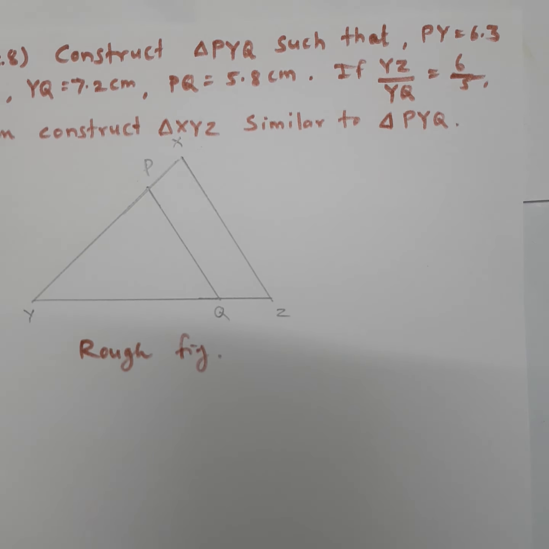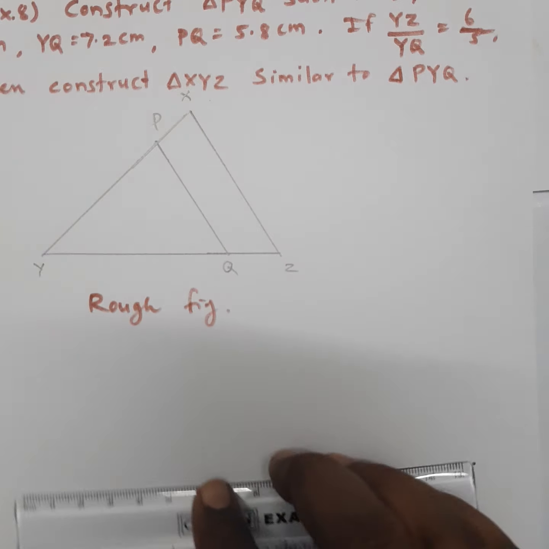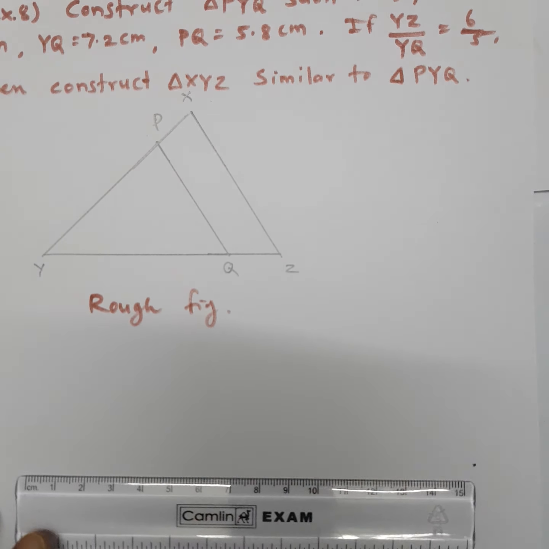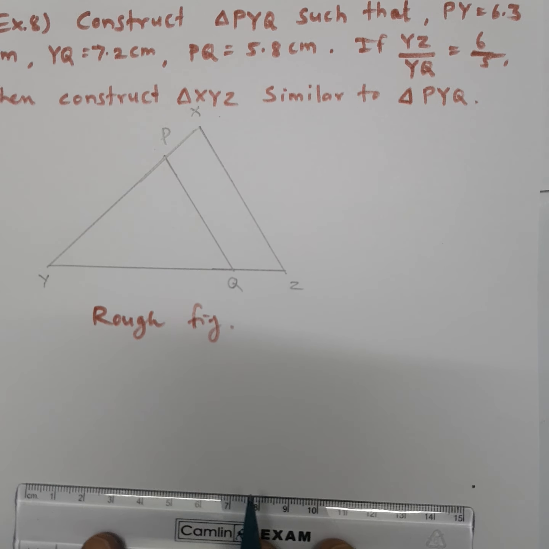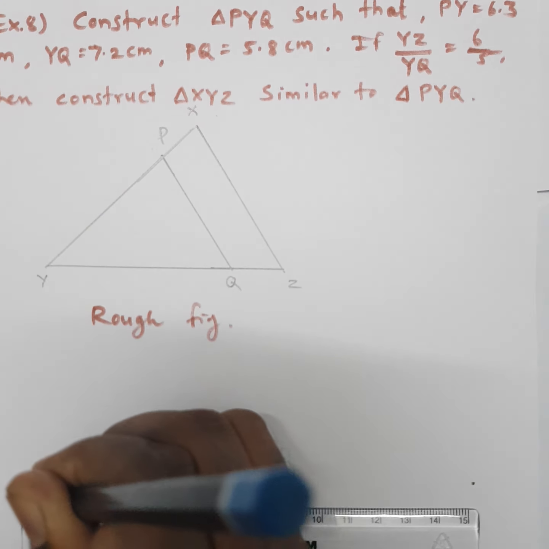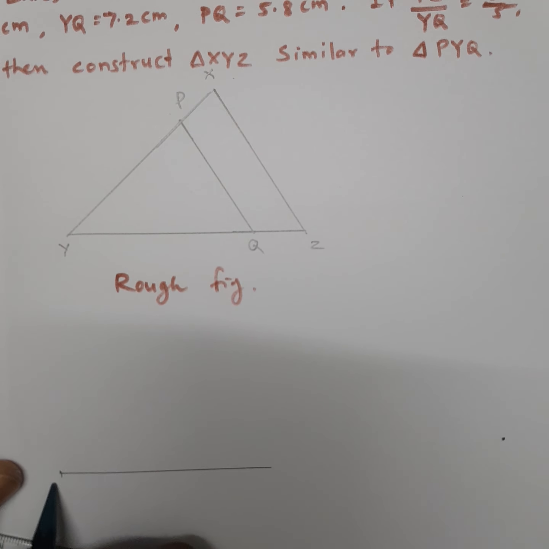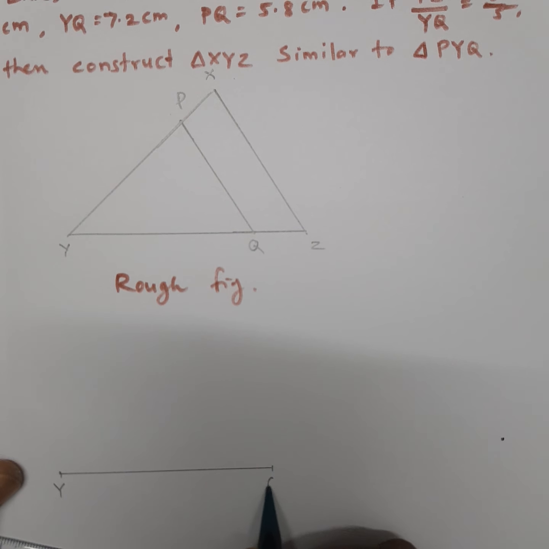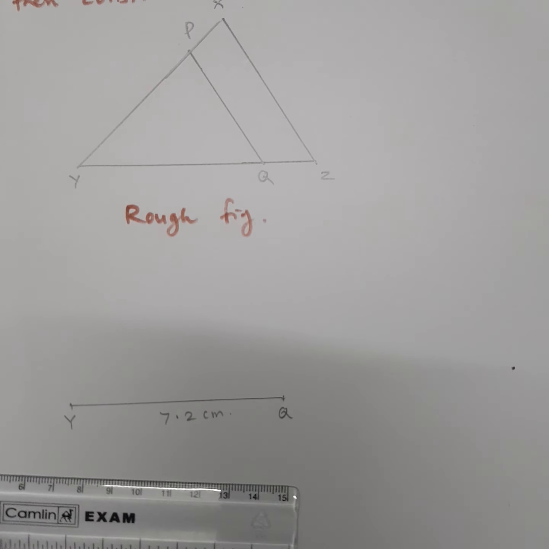We will construct our construction now. First we will take first side, that is YQ of triangle PYQ, 7.2 centimeter. Then PY 6.3 centimeter.